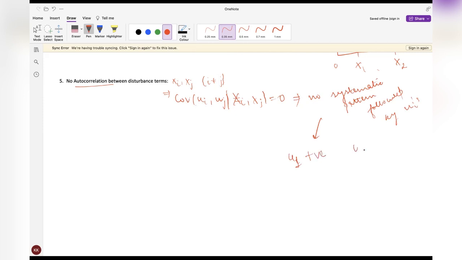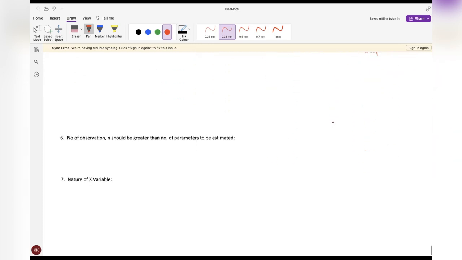In the second sample, I got U2 to be negative. In the third sample, I got U3 again to be positive, then U4 again negative. So there is a systematic pattern that is being followed. So when we have the no autocorrelation assumption, this systematic pattern won't be followed by the error terms. This is what this assumption implies.